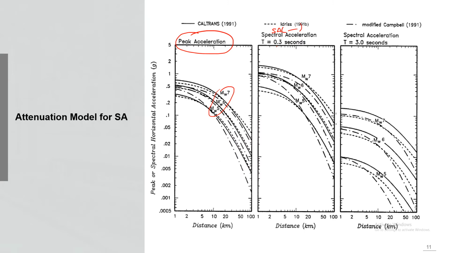This is for 0.3 second, spectral acceleration at 0.3 second. This is spectral acceleration at 3 second. So the hazard parameter can be spectral acceleration also, but at a fixed time period. For different time periods we will have different GMPEs, and those GMPEs can be used to come up with hazard curves corresponding to spectral accelerations at different time periods.